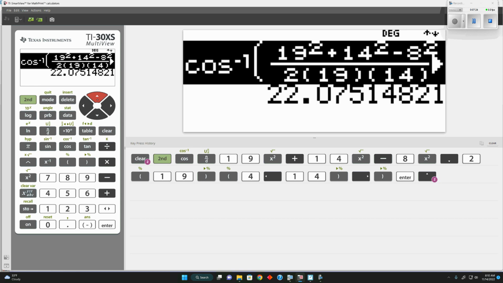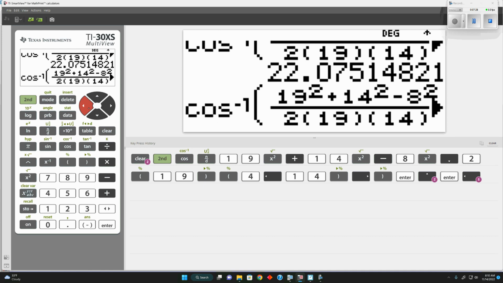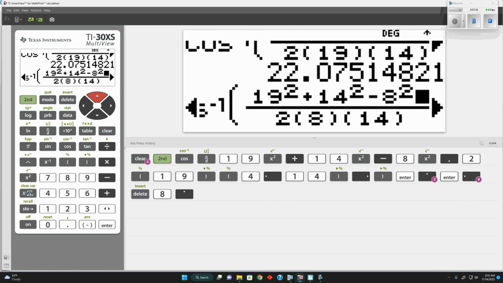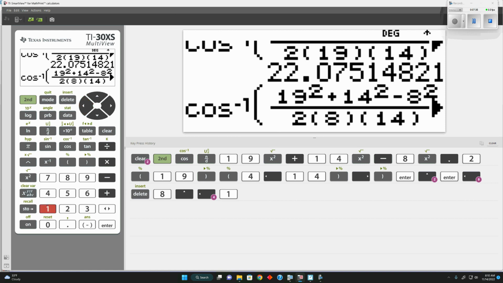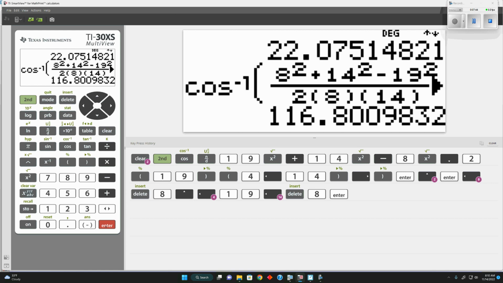So the really only thing that changed from the previous one is that the 19 and the 8 change places, yes? And y'all get 116.80, or 116.8 rounded to 2 decimal places.